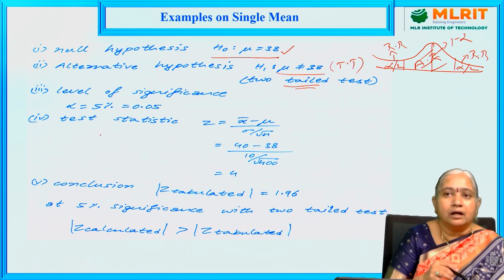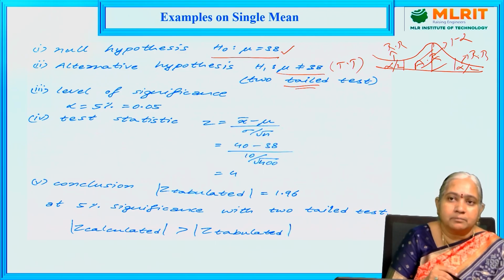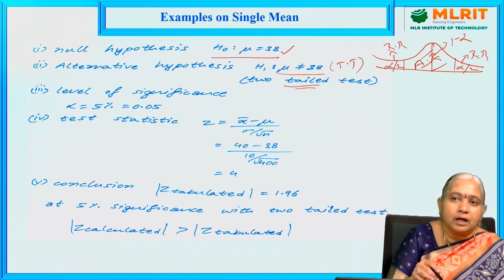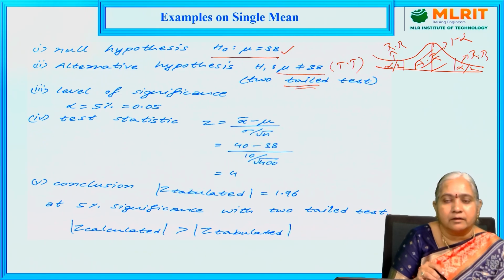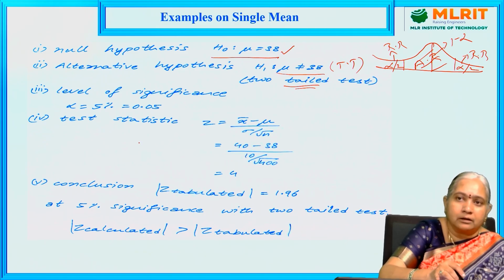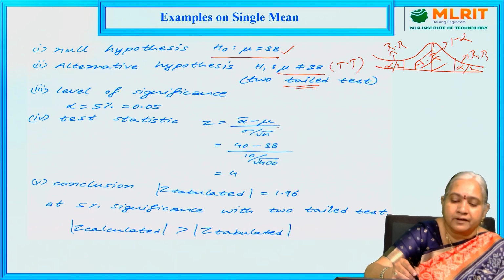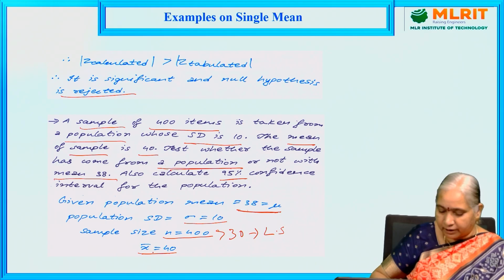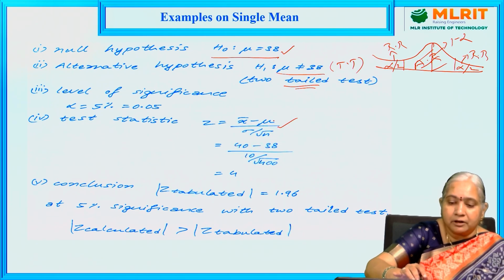Now the test statistic. Here we are testing whether to accept our null hypothesis or not. What is the null hypothesis? It is claimed that mu equals 38. So we are testing the population mean, and this is a large sample. Mean, standard deviation data, and moreover one sample data is given. So the appropriate test statistic is Z equals x bar minus mu by sigma by root n. x bar, the mean of the sample, is 40, minus the claim, the mean of the population, 38.